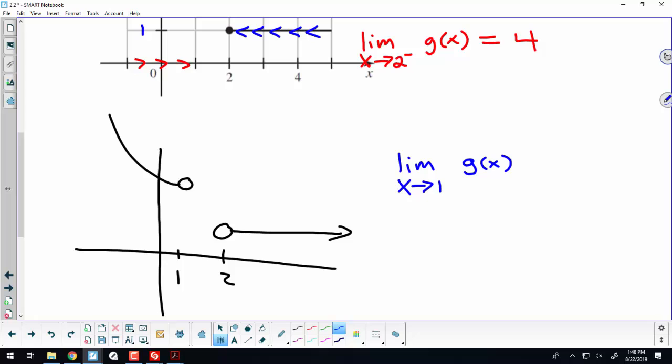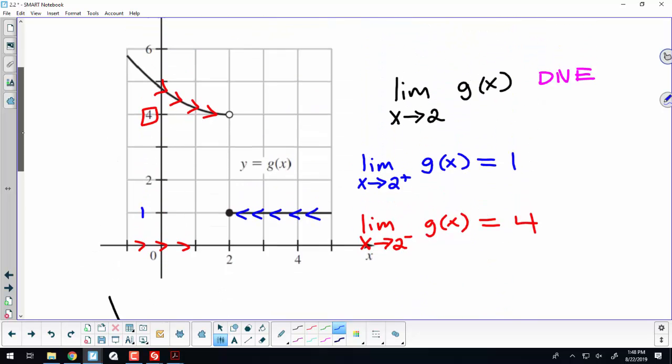Well, you can't do a two-sided limit there because you can't approach 1 from both sides simultaneously. But does that mean the limit doesn't exist? No. What makes sense to talk about here is just a one-sided limit.